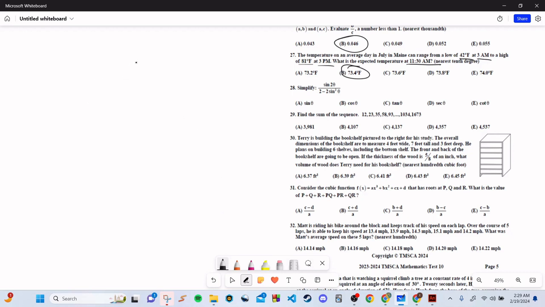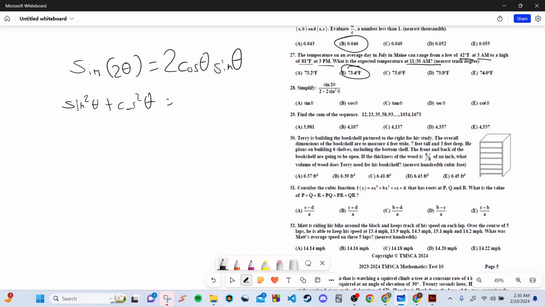So the two trig identities you want to know are the double angle identity for sine of 2 theta, which is 2 times cos theta times sine theta, and the Pythagorean identity, which states that sine squared theta plus cos squared theta equals 1.